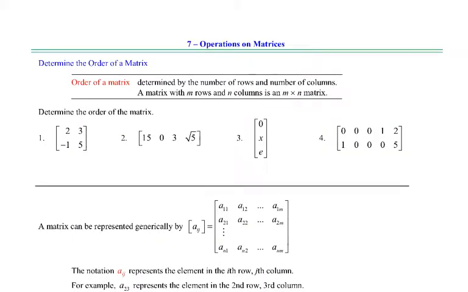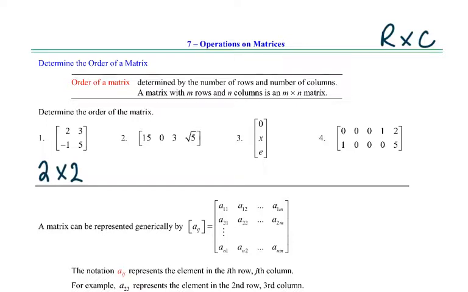If I want to determine the order of the matrix, it is described just like I explained: the rows by the columns. So a matrix with m rows and n columns is an m by n matrix. Rows always come first and then the columns. In example 1, we would say this is a 2 by 2.